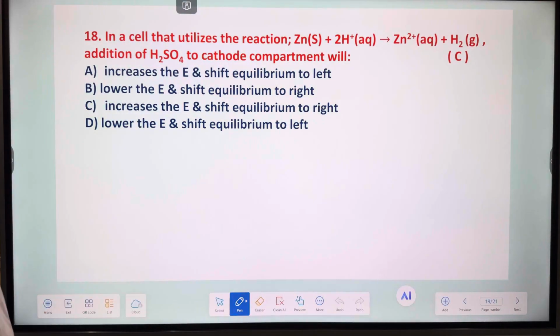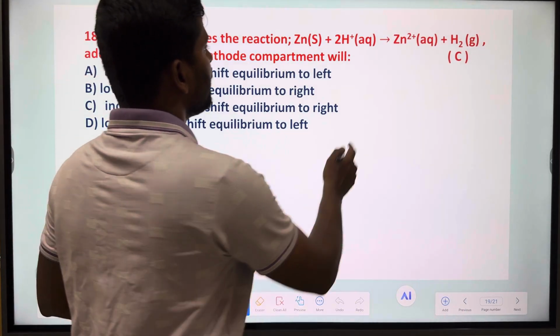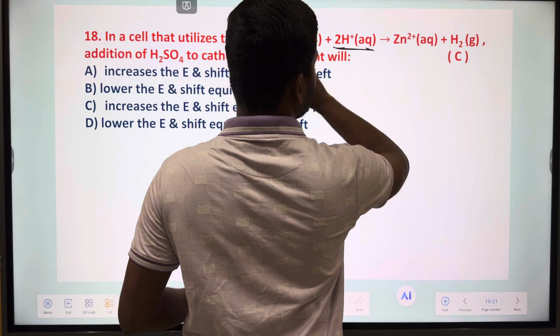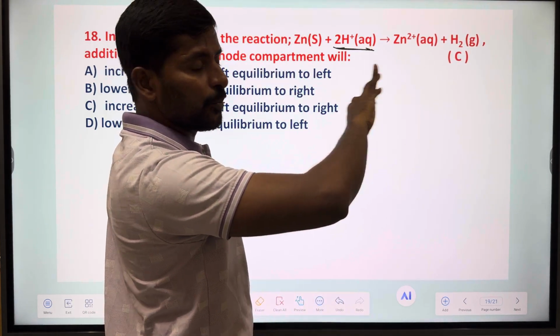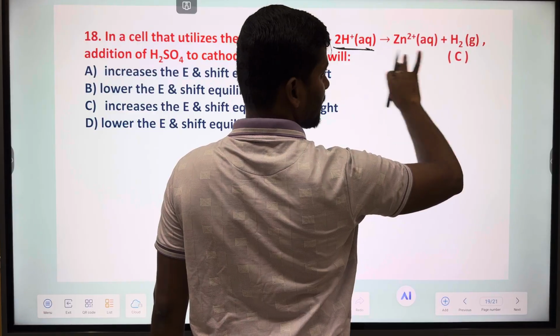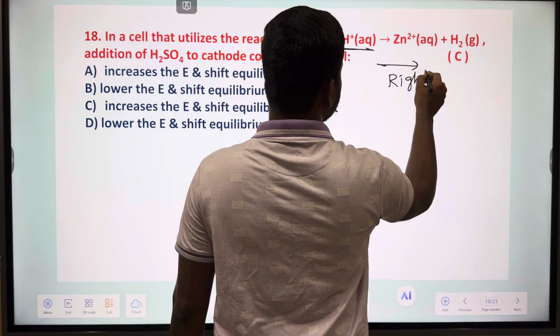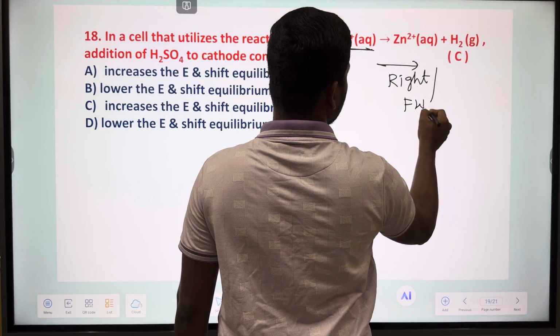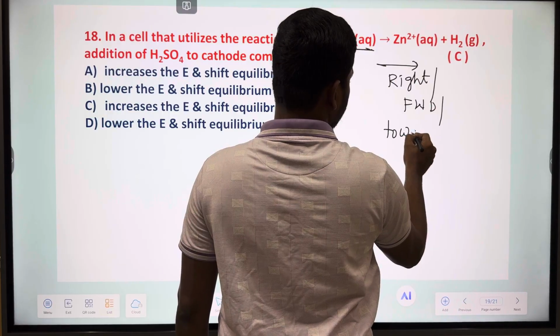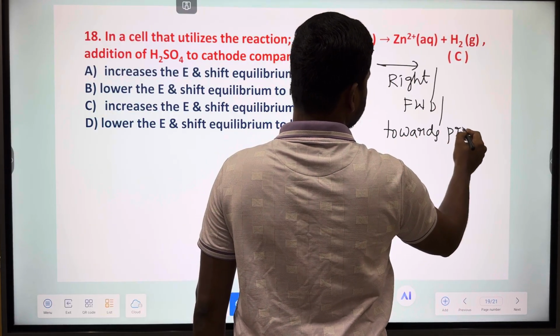Next one: in a cell that utilizes the reaction, addition of H2SO4 to the cathode compartment will what? Increases the cell potential, decreases, shifts equilibrium to left, or shifts equilibrium to right, according to Le Chatelier principle. If you increase the concentration of H plus, equilibrium shifts in the direction where H plus is consumed, that means the forward direction, towards the right, towards products.